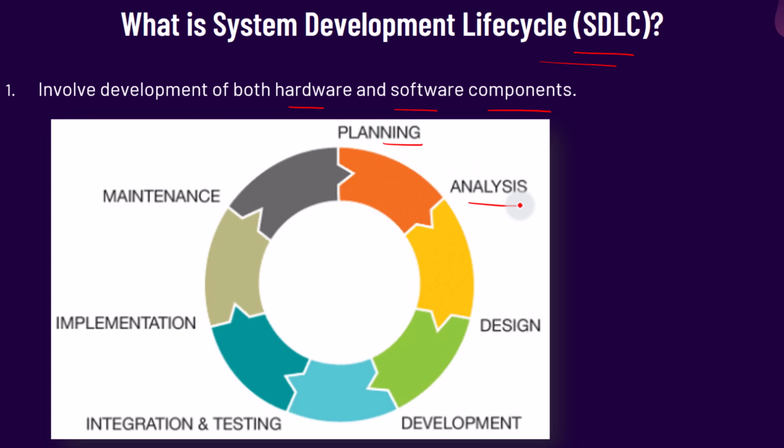This lifecycle typically includes stages such as planning, analysis, design, development, integration and testing, implementation, and maintenance. As you can see in this diagram, each stage plays a critical role in ensuring the system meets the desired requirements and functions effectively. Now, let's look at an example to make this concept more concrete.